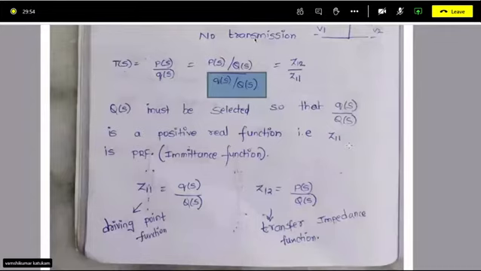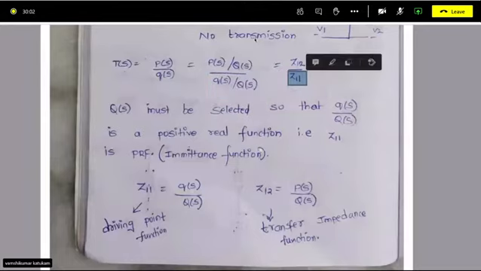We have studied that all positive real functions are immittance functions, so that we can use previous methods, the RC method. Because when you divide by capital Q of S, it should become positive real function Z11.